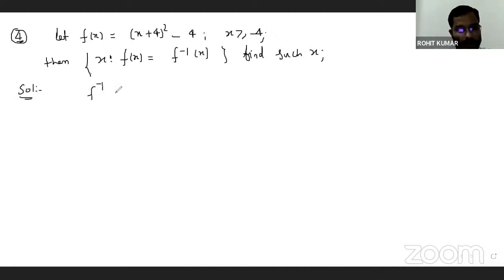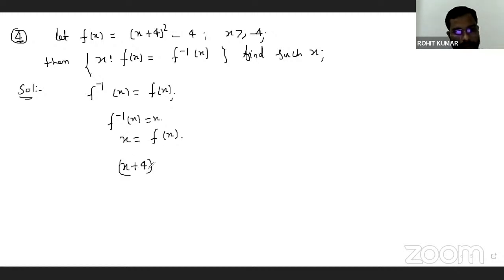We have f inverse x is equal to f(x), so f(x) is equal to x. So we can say (x plus 4) whole square minus 4 is equal to x.